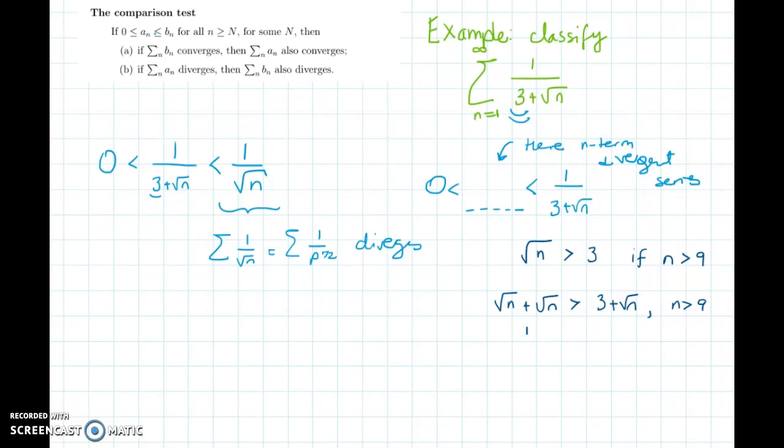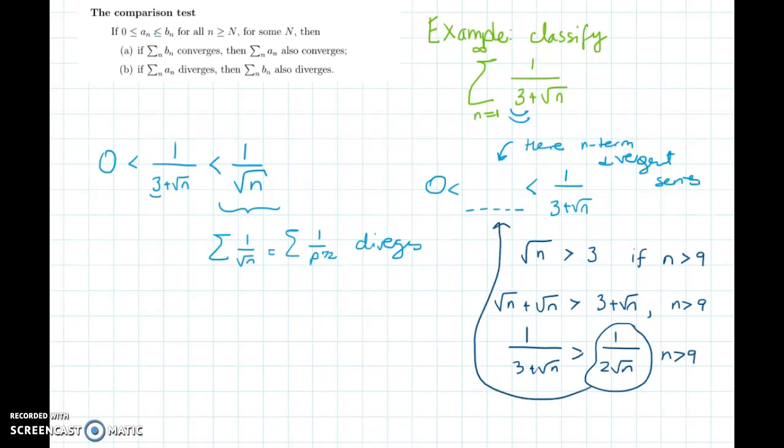But then if we consider the reciprocals, 1 over 3 plus square root of n is going to be bigger than 1 over 2 times square root of n for n greater than 9. So this is the general term I want to fit over here: 1 over 2 times square root of n. And again, this is just a little modification on our p-series for p equal 1/2. Just multiply by 2 the denominator in each term.